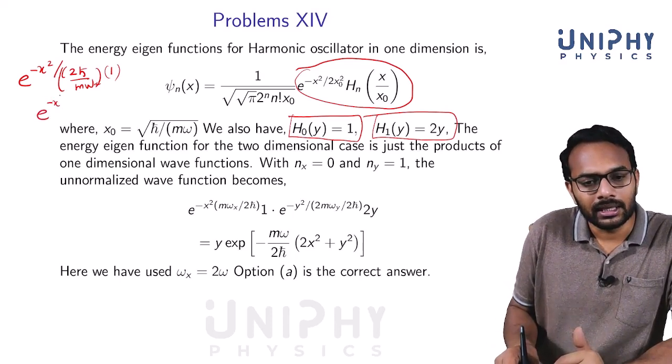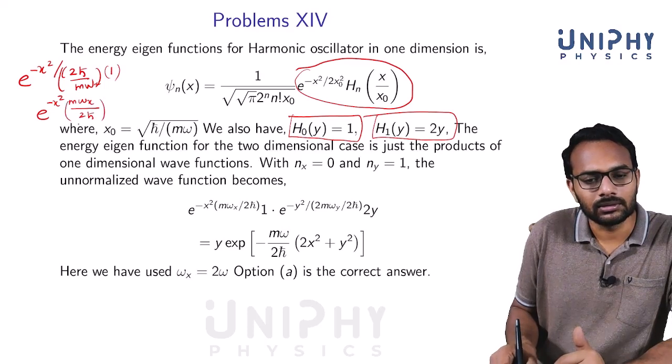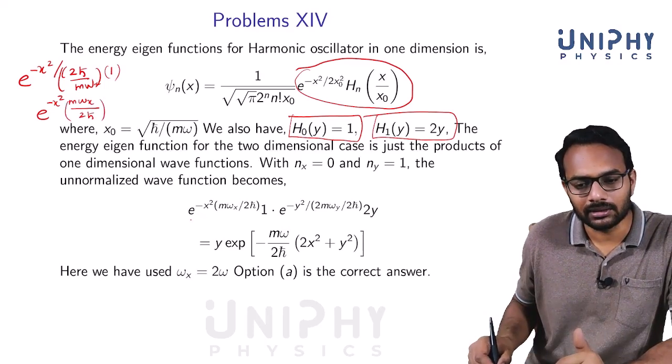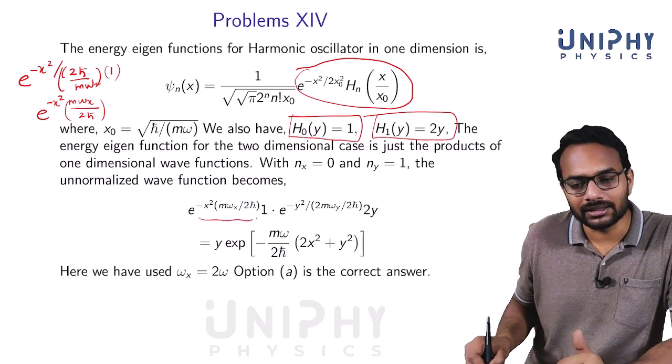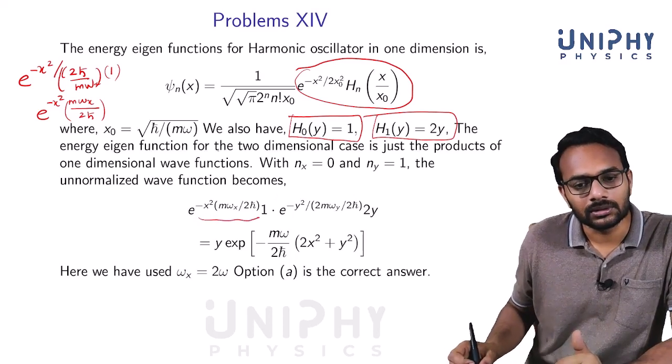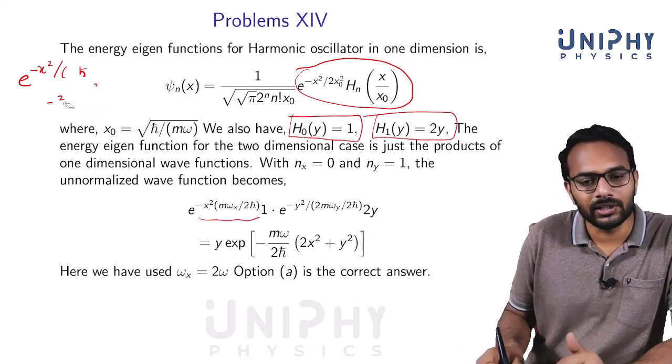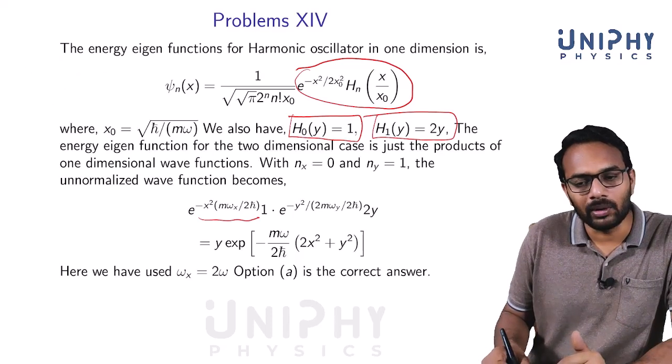All right, so that's one part of the wave function. We have minus x square, and this you can simply write as m omega x divided by 2 h cross. Right, minus x square m omega x divided by 2 h cross. Similarly, what's in the y direction? We know that in the y direction ny is equal to 1.